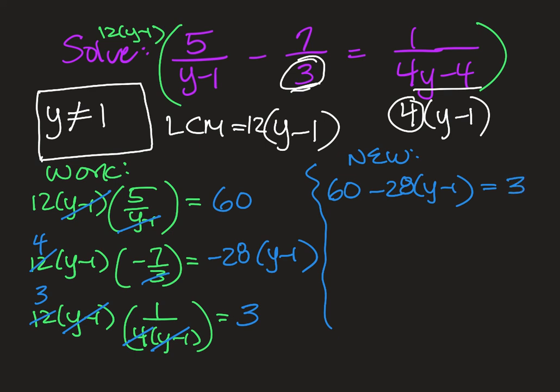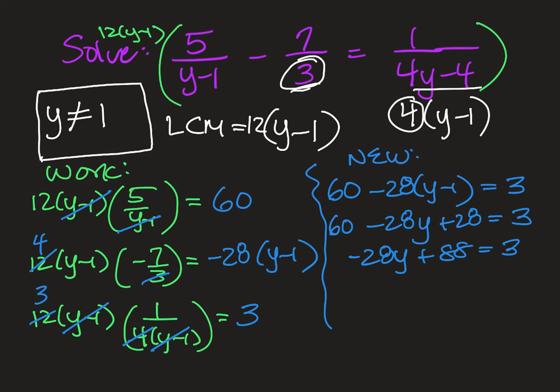So great, we have a nice linear one. I can distribute: 60 minus 28y plus 28 equals 3. Okay, so let's combine like terms over here. So we have negative 28y plus 88 equals 3.